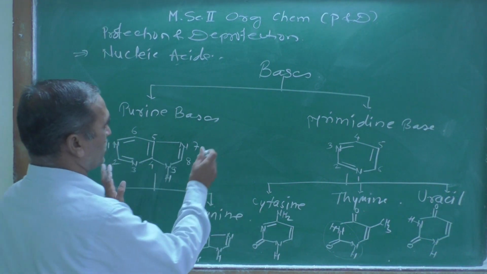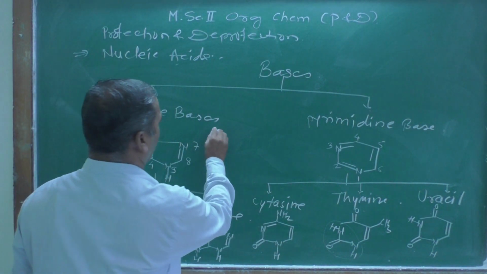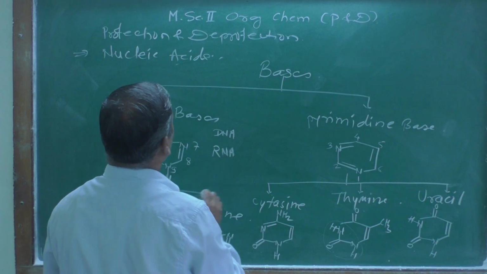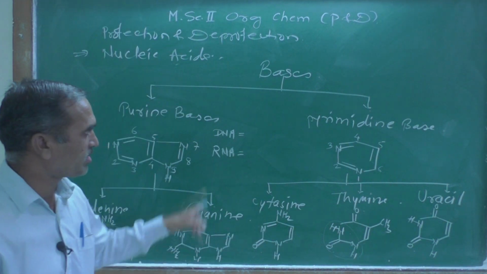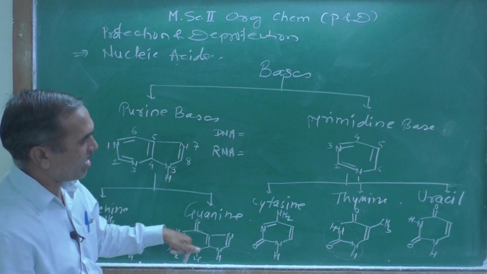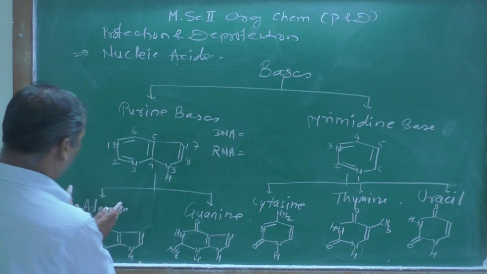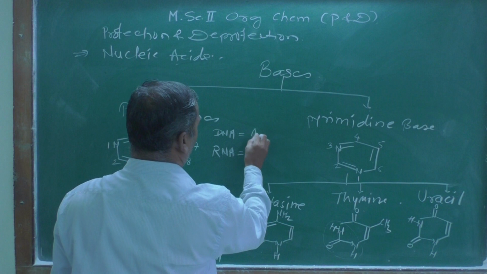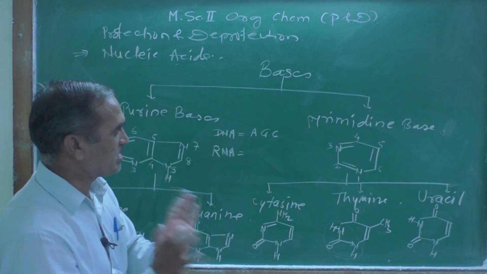Suppose here is DNA and RNA. As we know, these are the two types of nucleic acid. In DNA what bases are present, and in RNA what bases are present? The common things remain adenine, guanine and cytosine as they are. Adenine, guanine and cytosine means AGC.